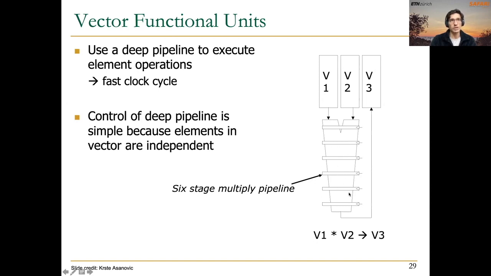After a certain number of cycles, let's say 6 cycles here, we have the result for element 0 that we write in the corresponding register in vector register 3. So this is, as I said before as well, exploiting the parallelism in time. Now imagine that you have more of these.